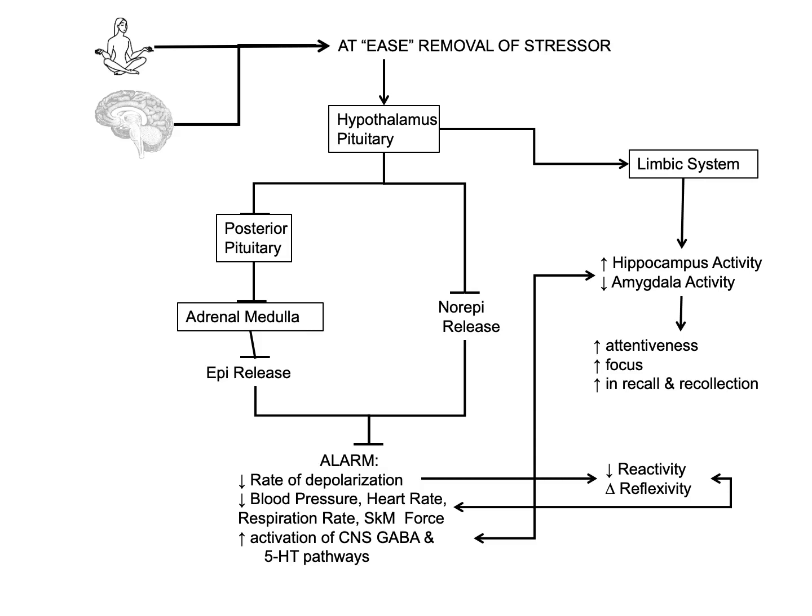This leads to a normality of reactivity and a normality of reflexivity. We respond to the stimuli the way that we should respond to the stimuli. Now, this pathway is very short-lived. As soon as a stressor comes about, we immediately truncate this response and go immediately into the sympathetic responses.